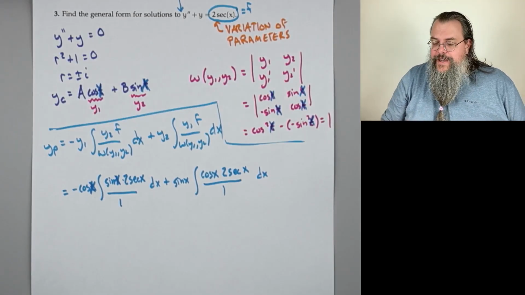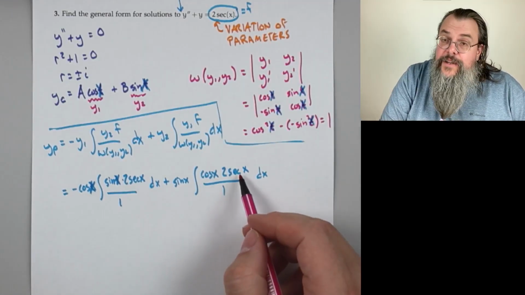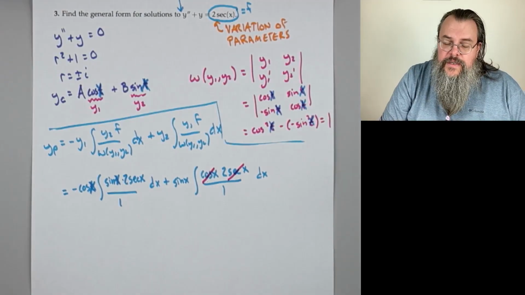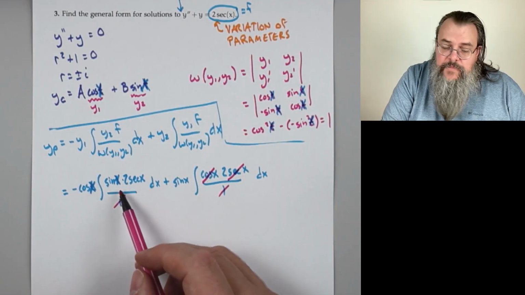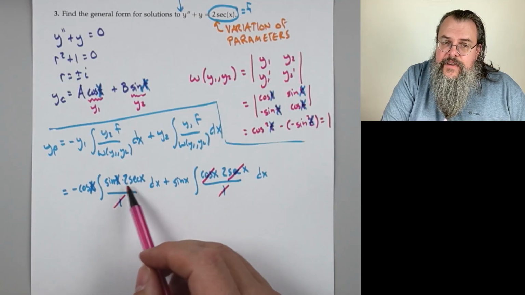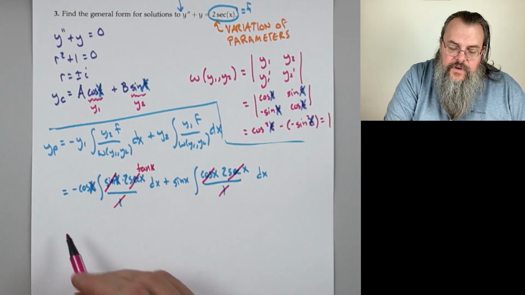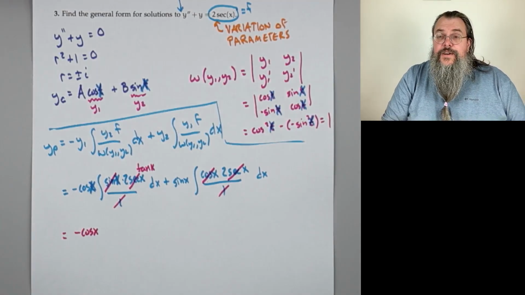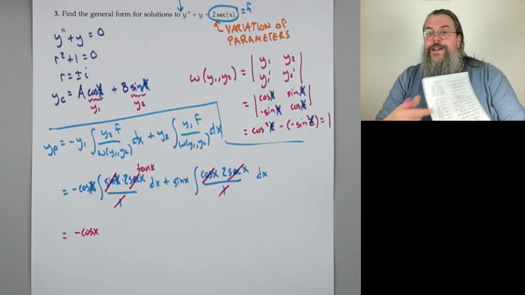Now, does anything simplify? Yes, a lot. For example, secant is 1 over cosine, so cosine times secant just becomes 1. The 1 we can ignore because that's just 1. Now, sine and secant don't cancel, but they combine. It's sine times 1 over cosine, that's sine over cosine, also known as tangent. So we have minus cosine x integral of tangent x. And the good news is we know the integral of tangent x, or at the very least, we know where to look.